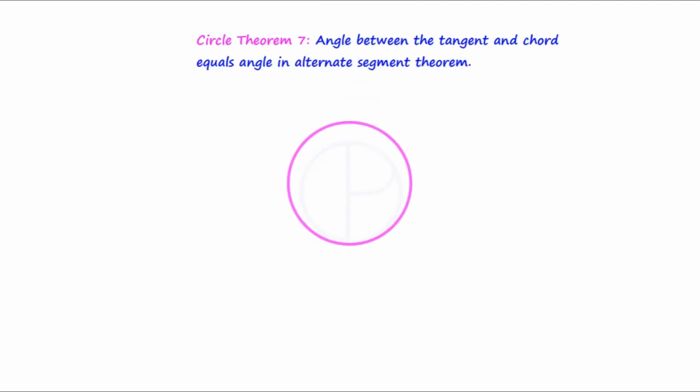The next theorem is the angle between the tangent and a chord equals the angle in the alternate segment. So here we have a circle with a tangent and chord and two alternate segments. Then the angle between the tangent and the chord is equal to the angle in the alternate segment, which is the angle here.